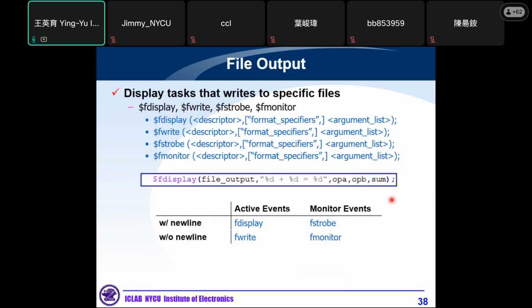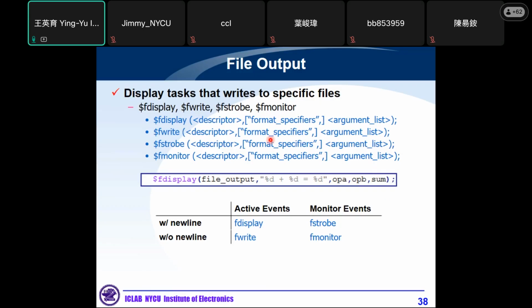Next, let's talk about how to write data to an external file. There are 4 commonly used commands: $fdisplay, $fwrite, $fstrobe, and $fmonitor. These commands take the same parameters, which consist of a file descriptor, a format specifier, and an argument list.